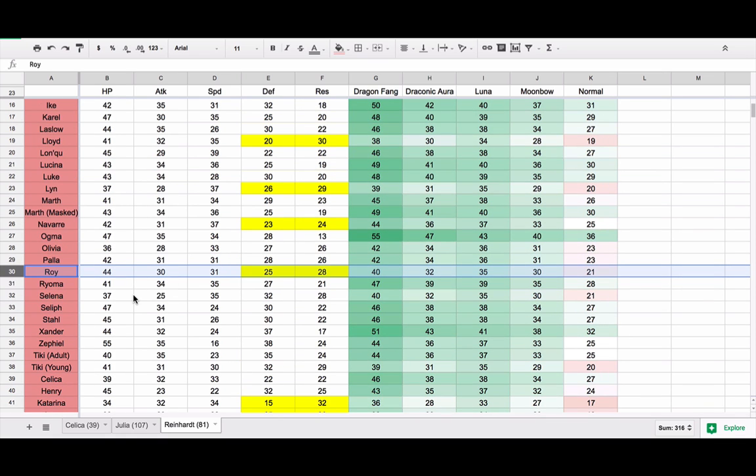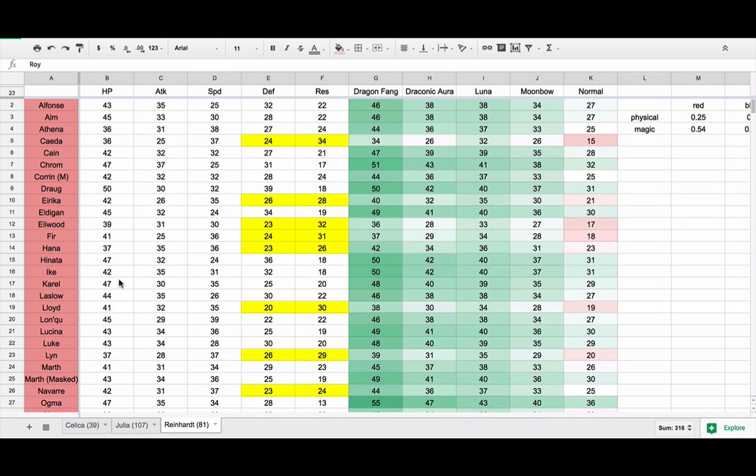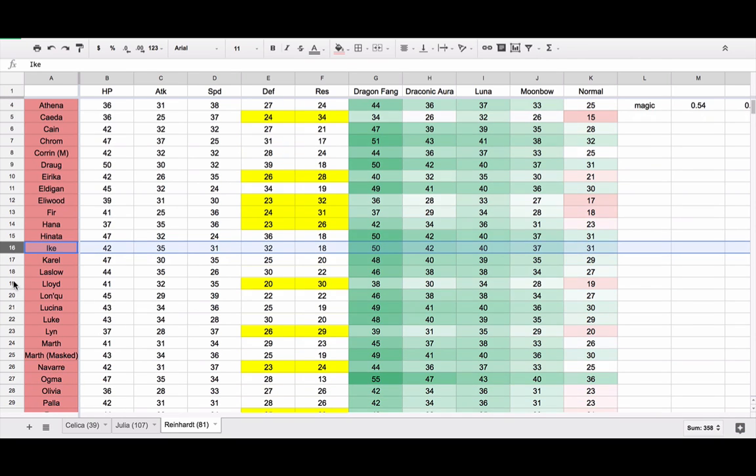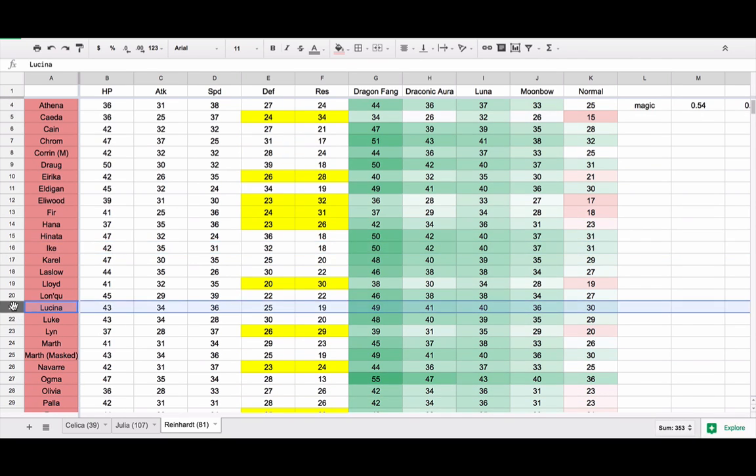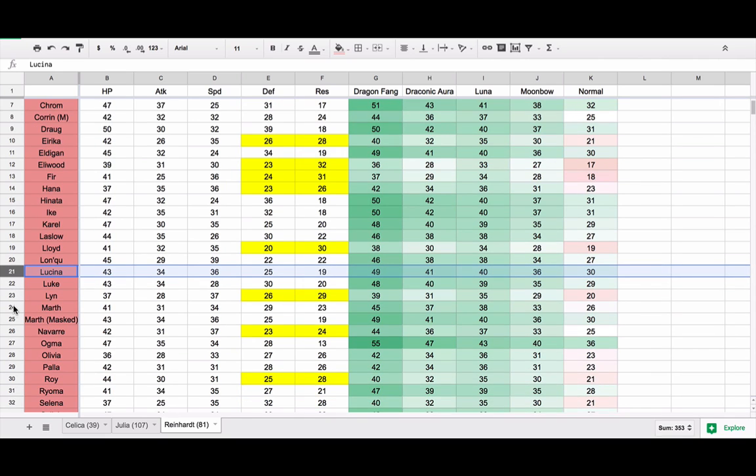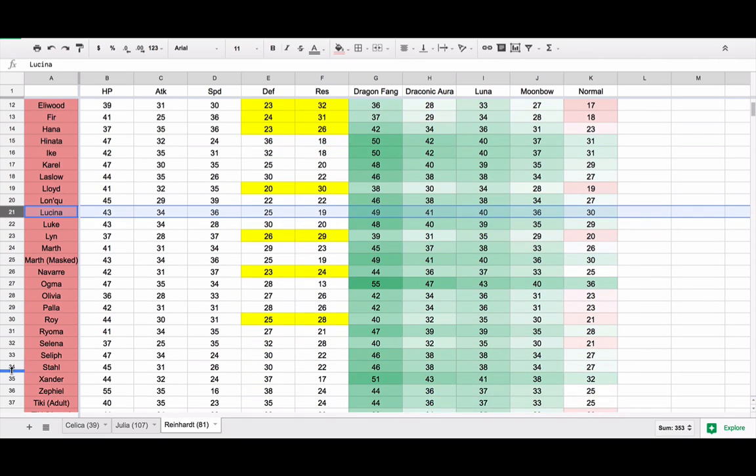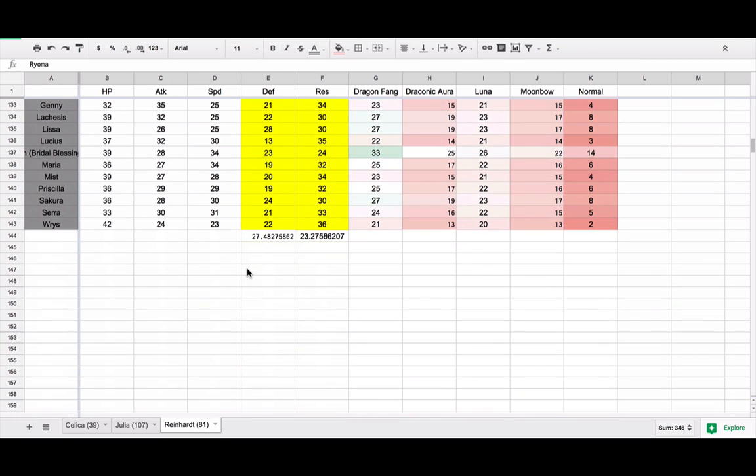Units that you do see a lot are units like Ike, who has 18 res, or Lucina, who has 19 res, or Xander, my boy Xander has 17 res. Ryoma's got 21 res. So those couple units I pointed out are all lower than the average.